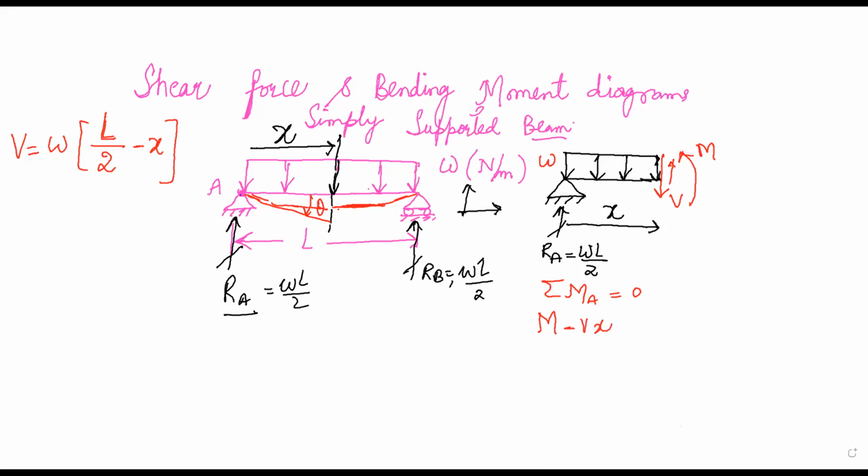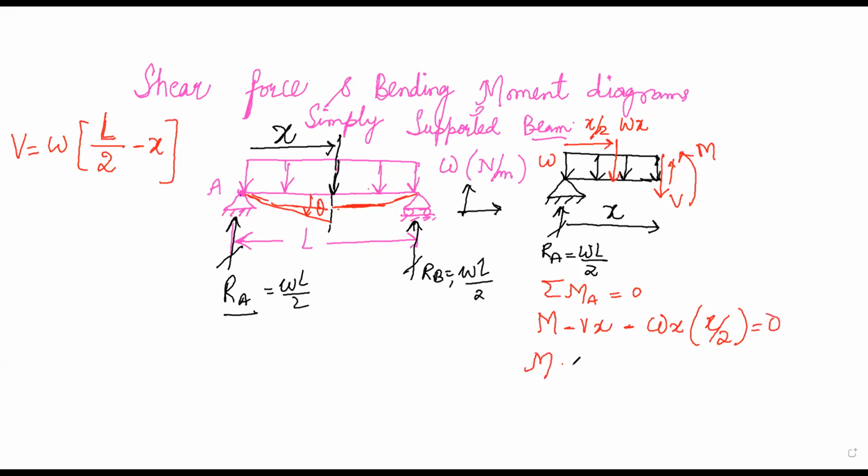And the moment because of the uniformly distributed load acting up to a distance x: you can replace this entire load by a single load whose magnitude will be W into x acting at a distance x by 2. Therefore its moment will be minus, because it's trying to rotate the beam in the clockwise direction, Wx into x by 2. This is equal to 0.